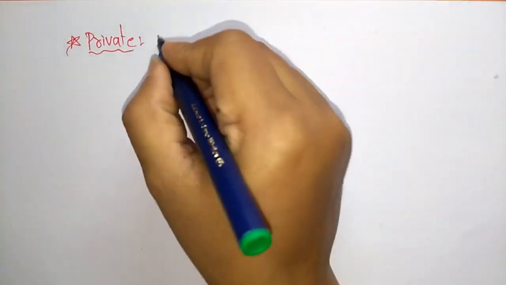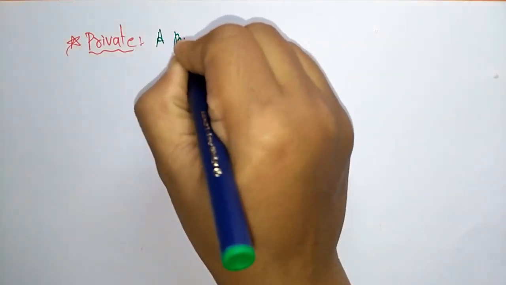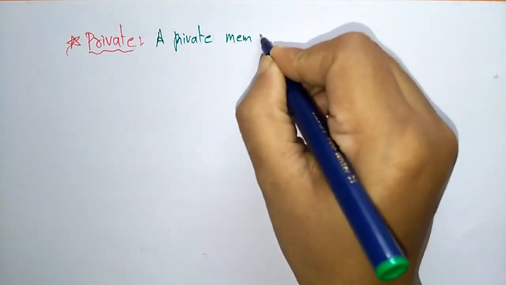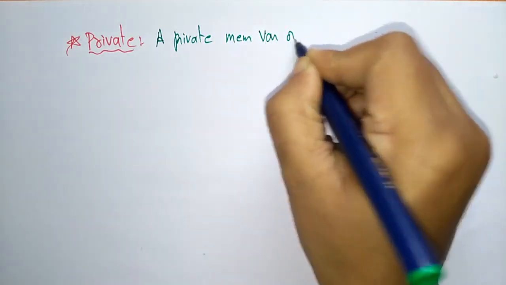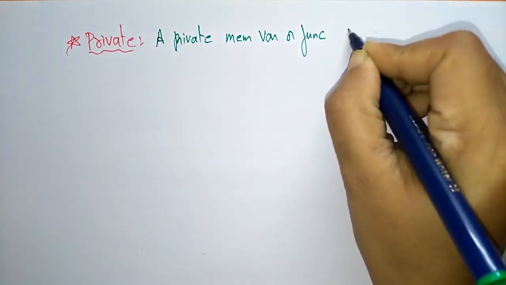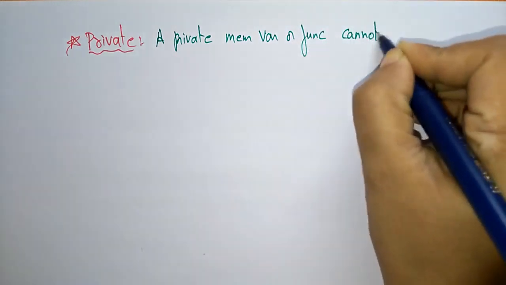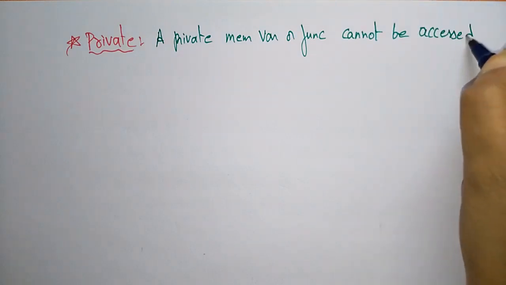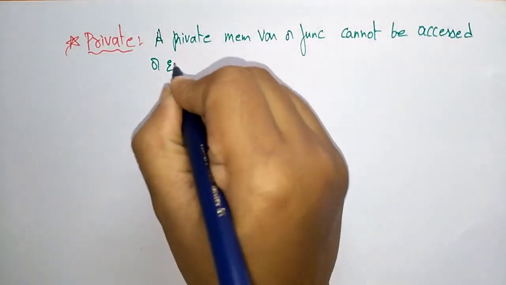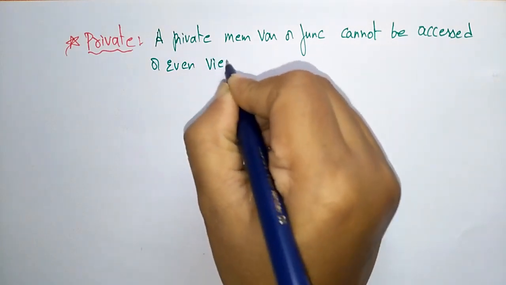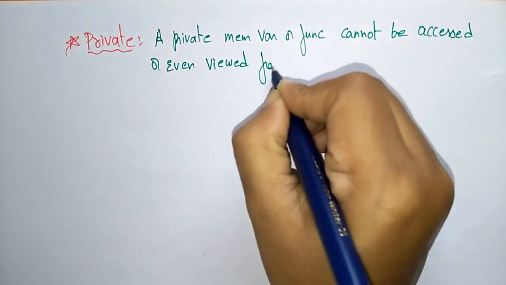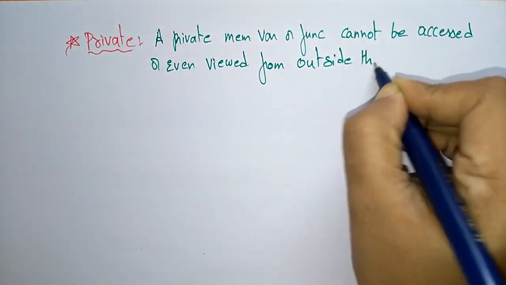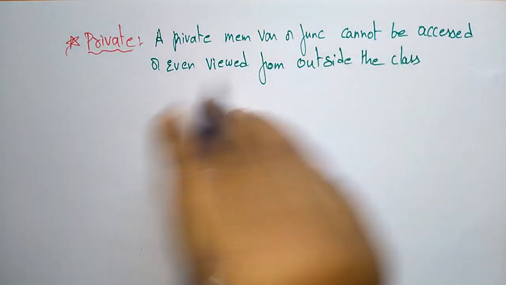Okay. So private member variables or functions cannot be accessed. You have to remember, cannot be accessed or even viewed from outside the class. So that you have to remember.